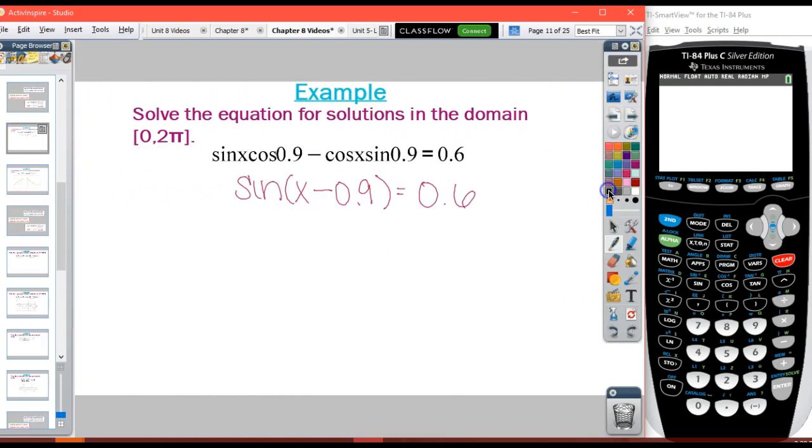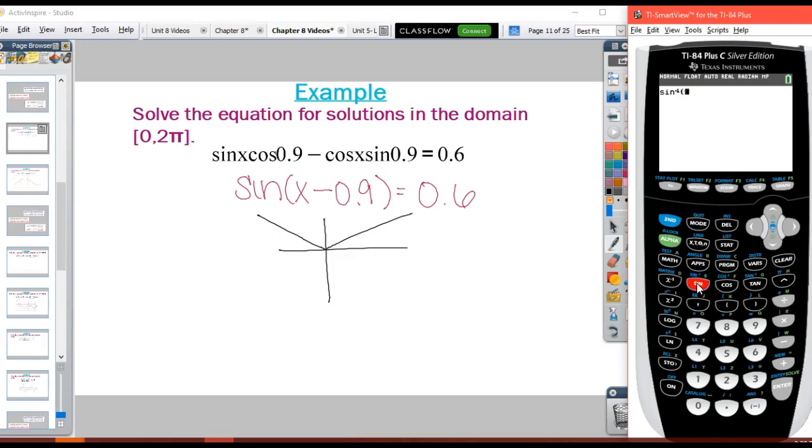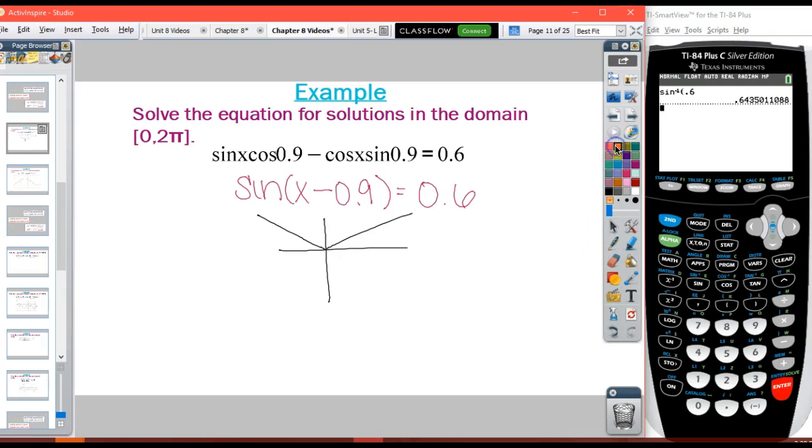So going back to what we know about solving trigonometric equations, I'm looking for where sine is a positive ratio, and that will be in the first and the second quadrant. With your calculator in radian mode, we'll take the sine inverse of the ratio 0.6, and we will end up getting the angle 0.6435.